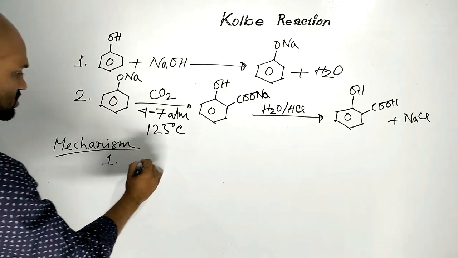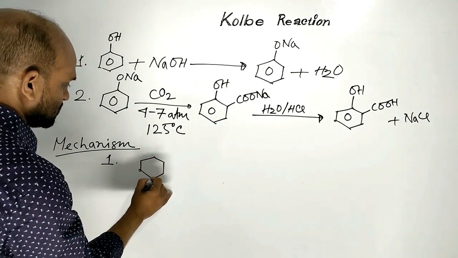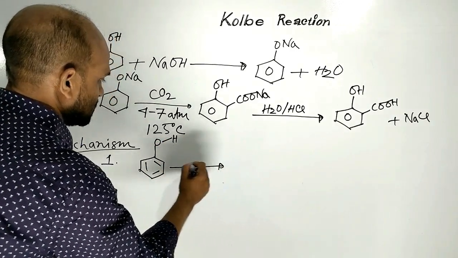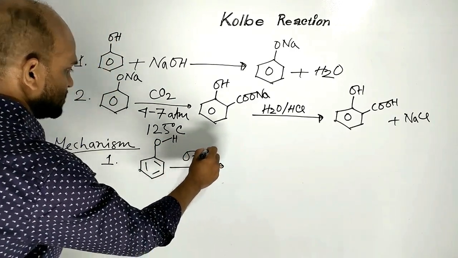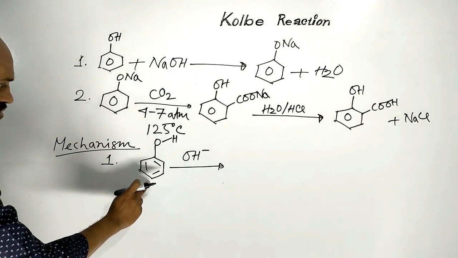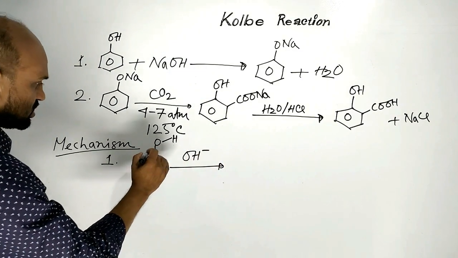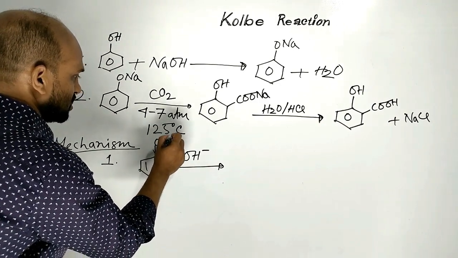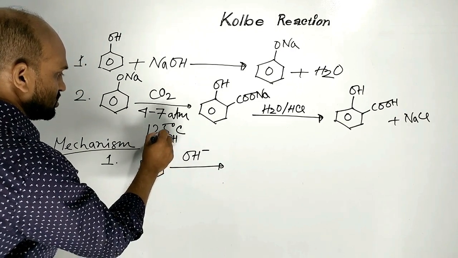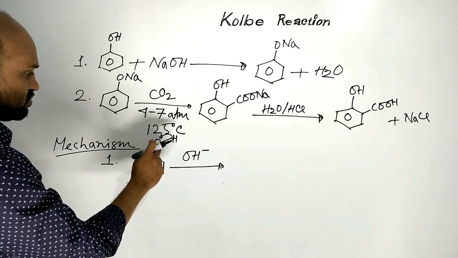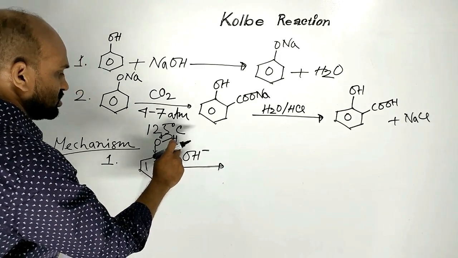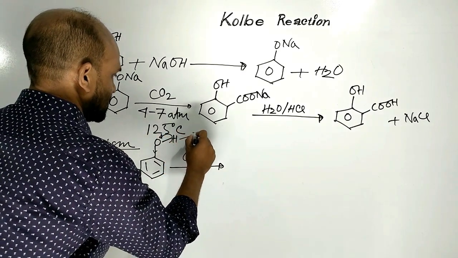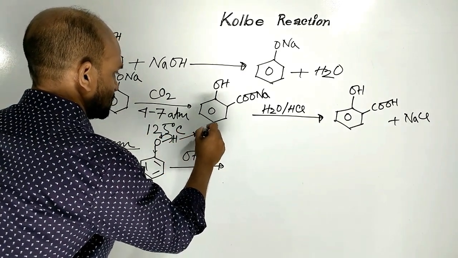Step 1. Phenol reacts with base. We know phenyl group benzene ring is a kind of electron withdrawing group. This bond undergoes heterolytic fission. Electrons of oxygen hydrogen bond move towards oxygen. As a result, this hydrogen gets freed as proton.